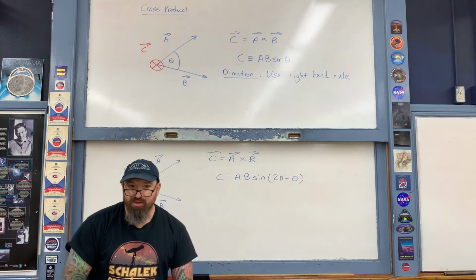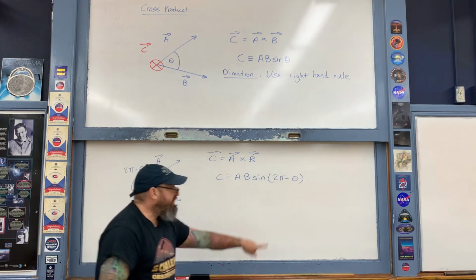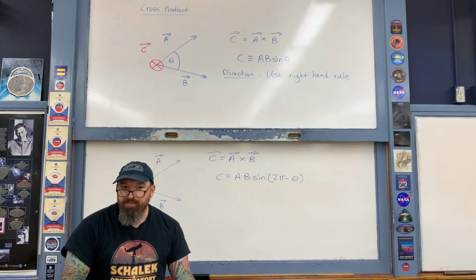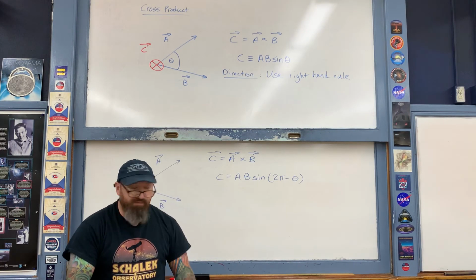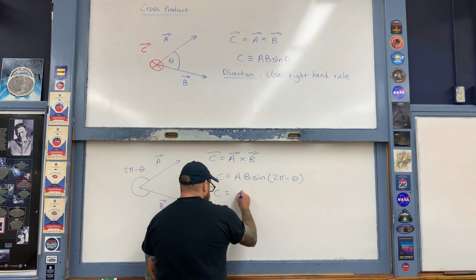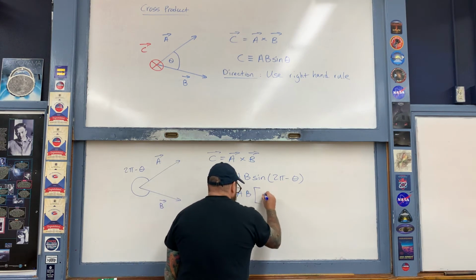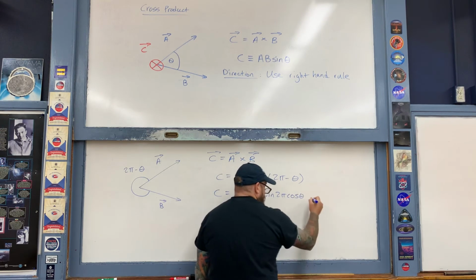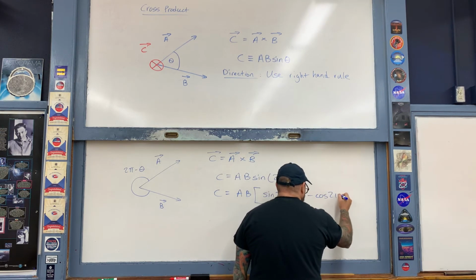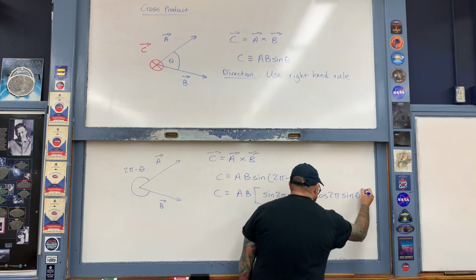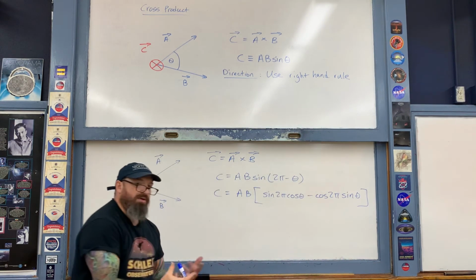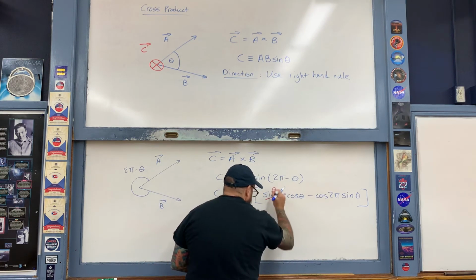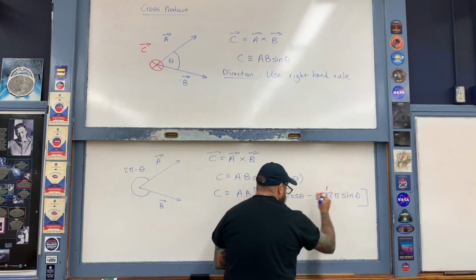Do you see a trig identity there? It's specifically the subtraction identity for sine. So watch what happens when I use the subtraction identity for sine. Sine of the first angle times cosine of the second, minus cosine of the first angle times sine of the second. Let's simplify the brackets here. Sine of 2 pi is 0, cosine of 2 pi is 1.